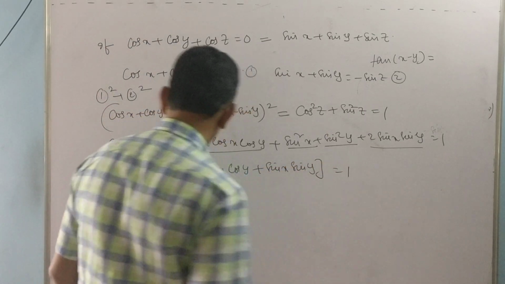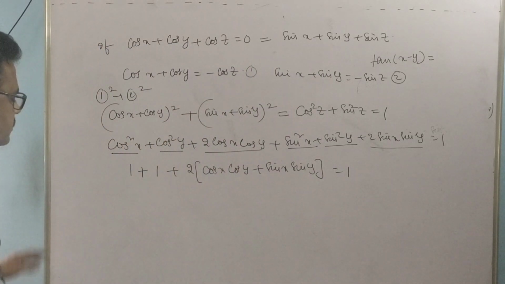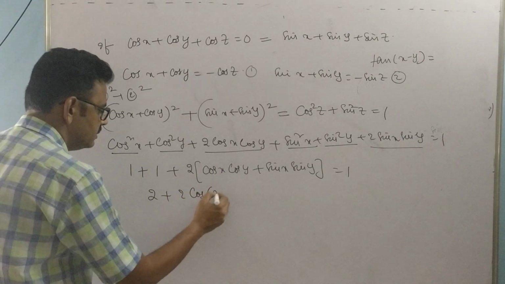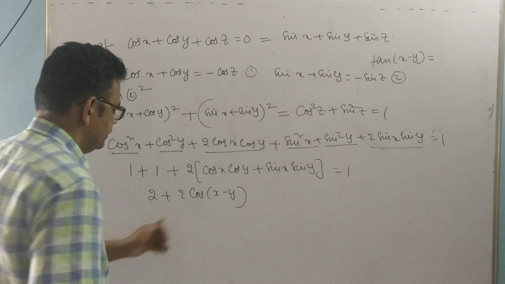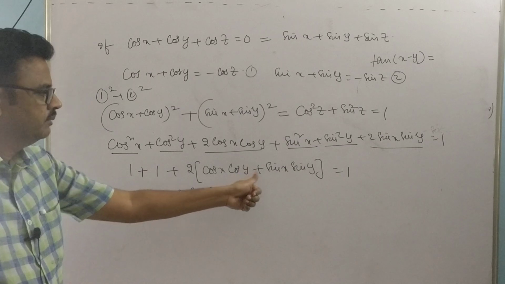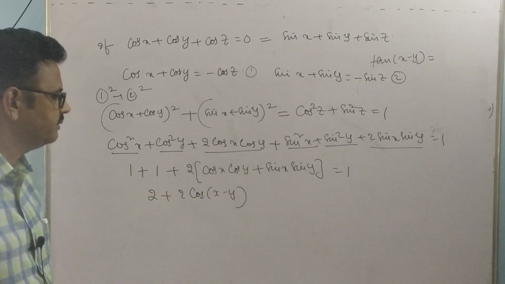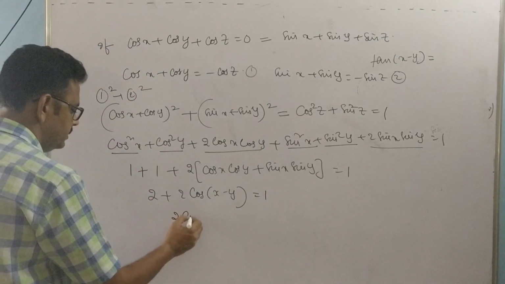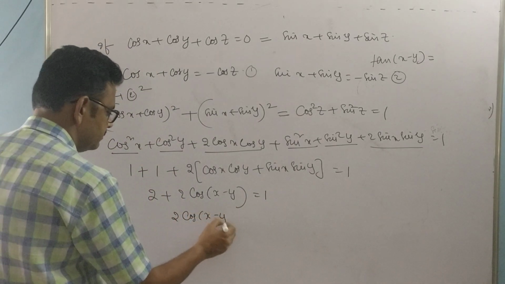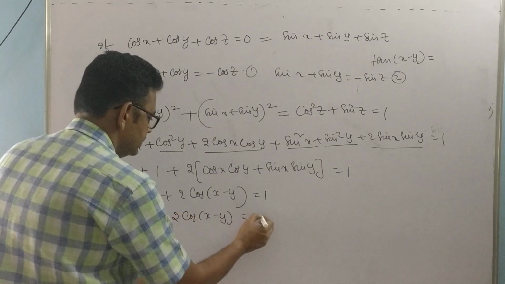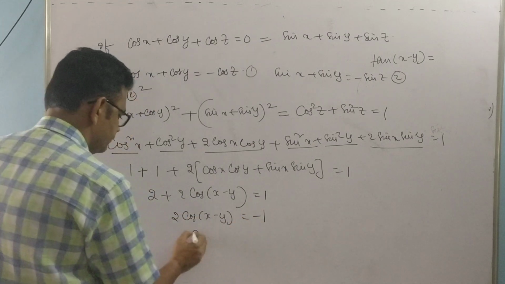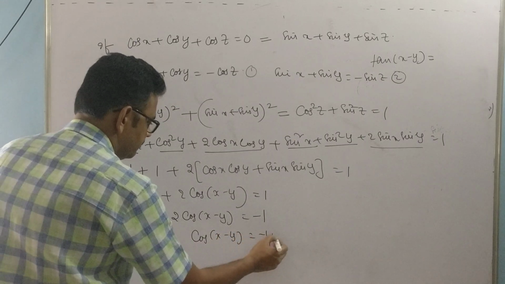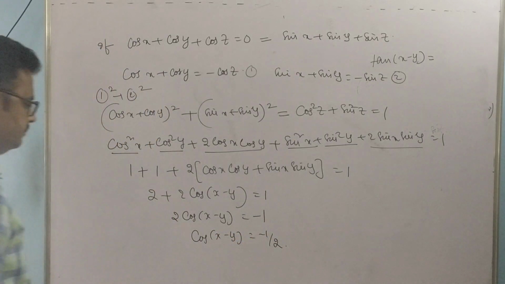So this is 2 plus 2 into cos of x minus y is equal to 1. So 2 into cos of x minus y is equal to minus 1. So cos of x minus y is equal to minus 1 by 2.